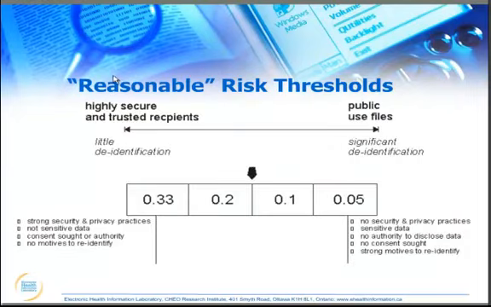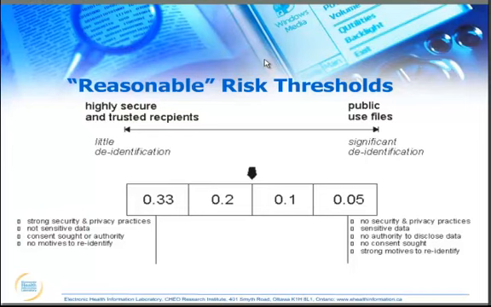And the highest threshold that's documented in guidelines or policies and other checklists and so on is 0.33, which is the highest probability of re-identification of a record in a database. And the lowest one that we know of that has been used in practice is 0.05. So that's the range. And 0.2 has been used often, and 0.1 has been used often.